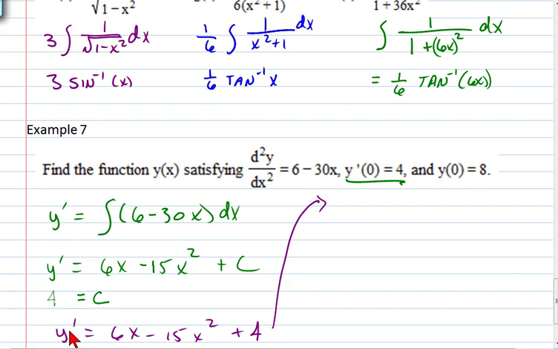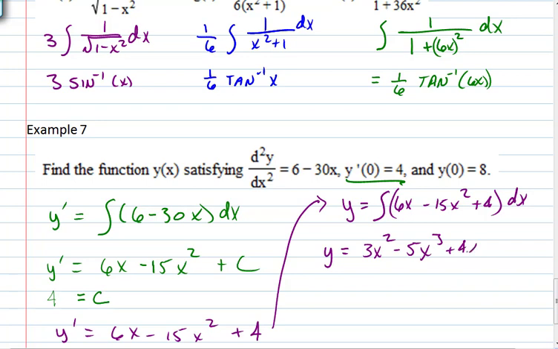No, this is the first derivative. You said it backwards. Oh, I'm sorry. Now the position is equal to the antiderivative of the derivative, which is 6x minus 15x squared plus 4. So that means that the antiderivative is 3x squared minus 5x cubed plus 4x plus c.